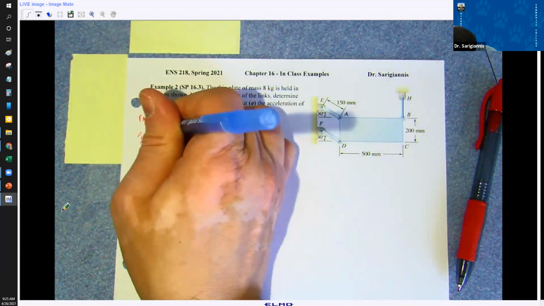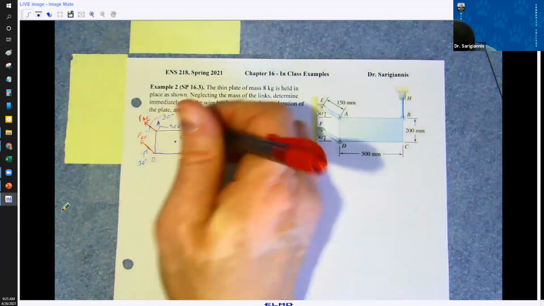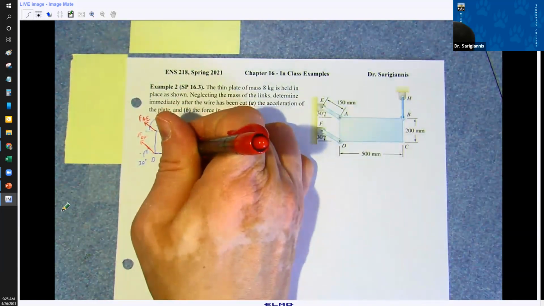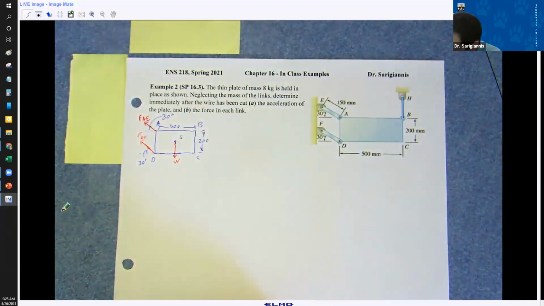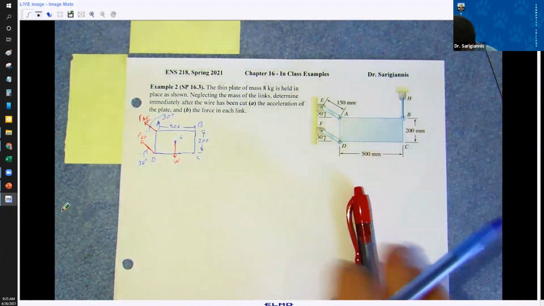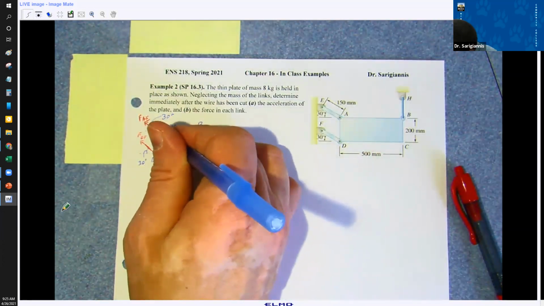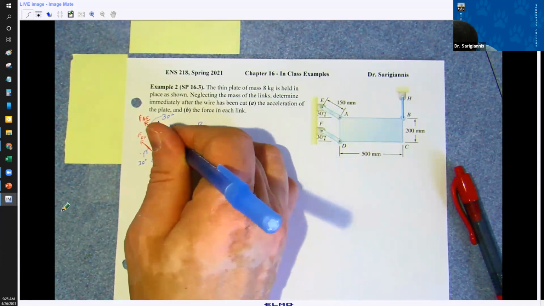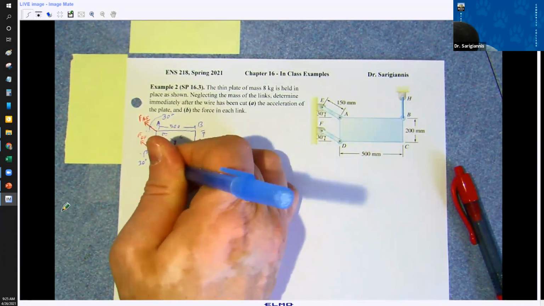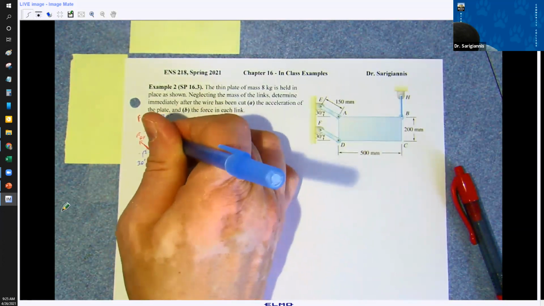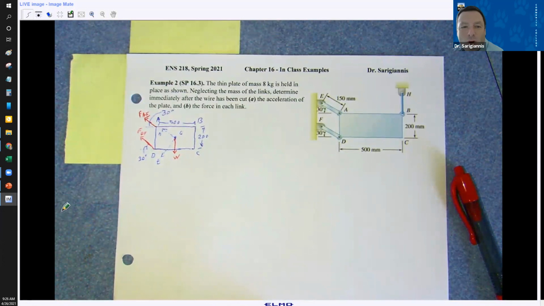Now we've got the force of gravity to consider, right? The weight is acting straight down, but we're going to choose some axes here. We're going to choose an axis that's normal and tangential to the hinge point of rotation.